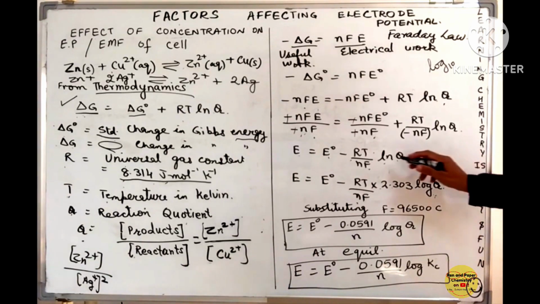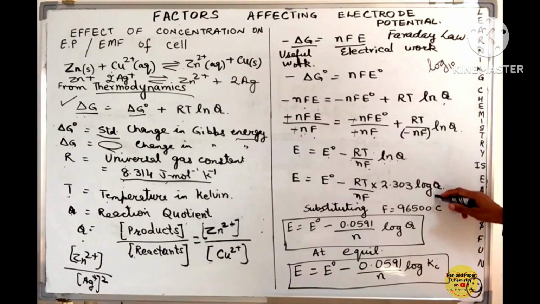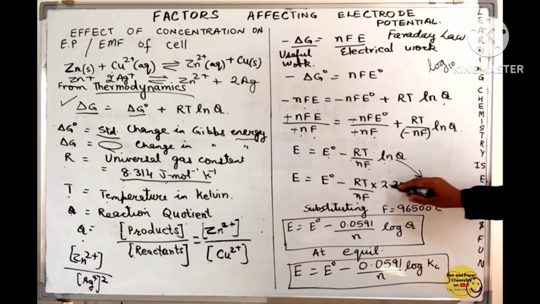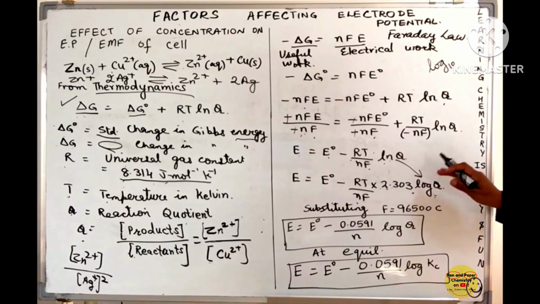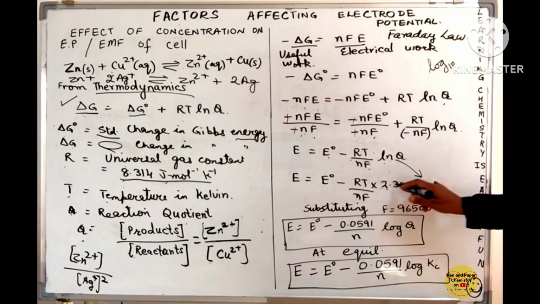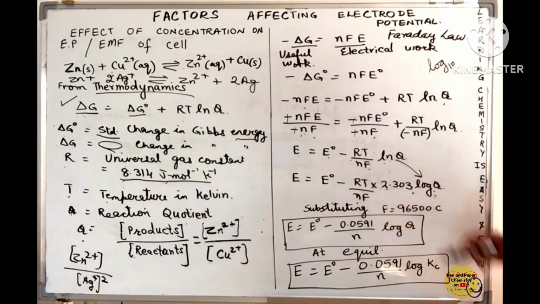Don't worry. Simple, to convert natural log to base 10, you multiply it by 2.303. I think for you at this level, good enough. 2.303 log of Q.